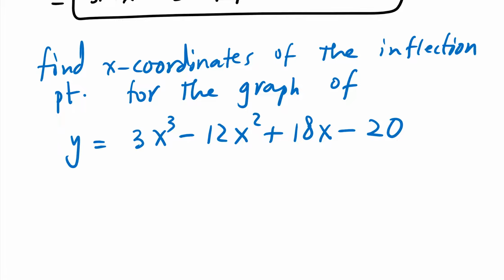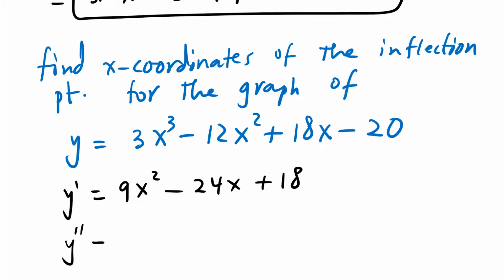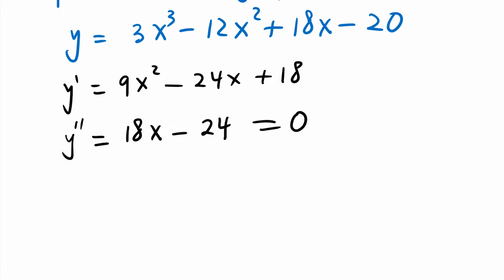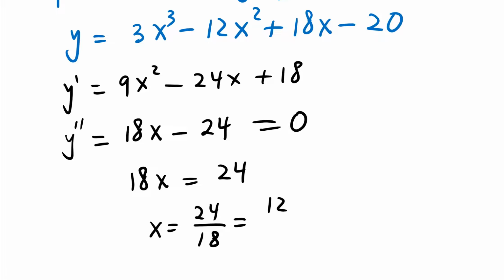So to do such a problem, we find the first derivative, 9x squared minus 24x plus 18, and then the second derivative, 18x minus 24. You need to set that equal to 0, then solve for x. 24 over 18: by 2 is 12 over 9, by 3 is 4 over 3.